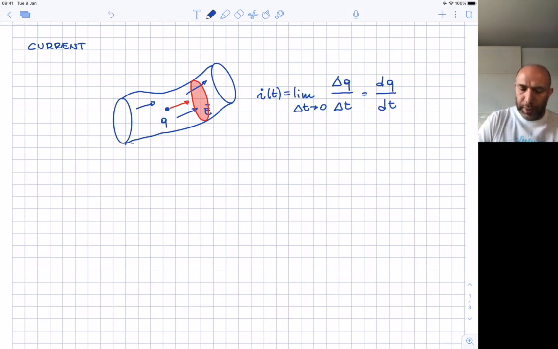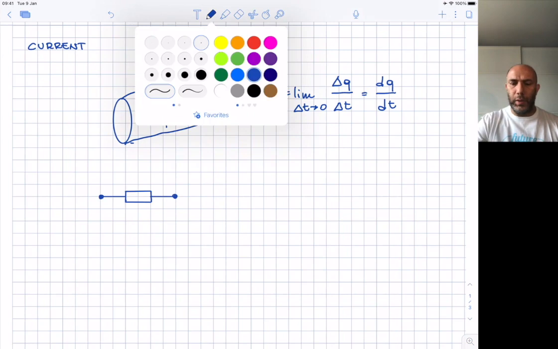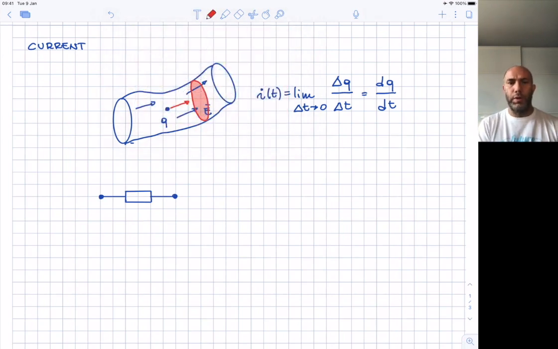So if we refer to our generic component, and we said that we are going to study only two terminals component, like this one, the current is a physical quantity that flows through this component.